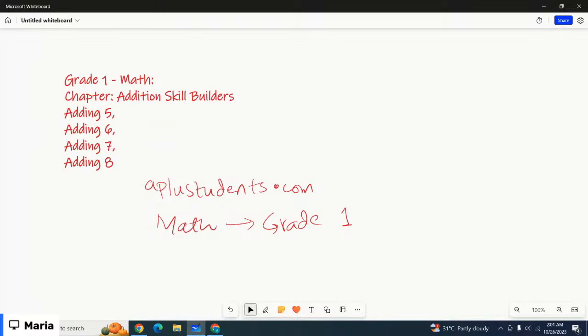Please make sure you have your notebook and pencil so that you can note down the important examples and definitions as well. We have already started the chapter addition skill builders in the last session, right? We have already learned how to add 1, add 2, add 3 and add 4. So the basic concept is addition. What is addition?